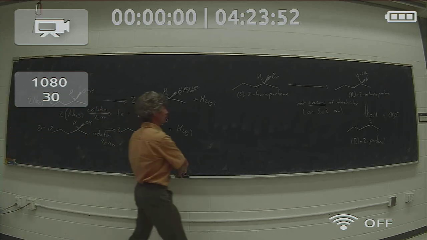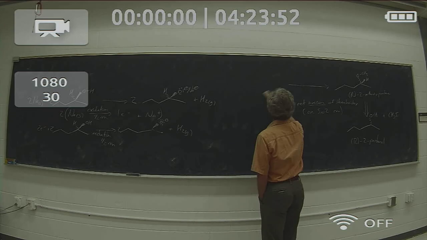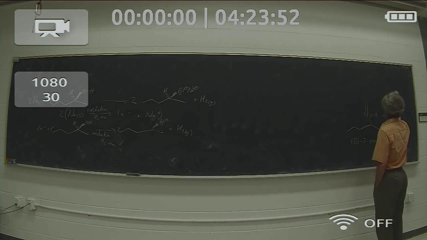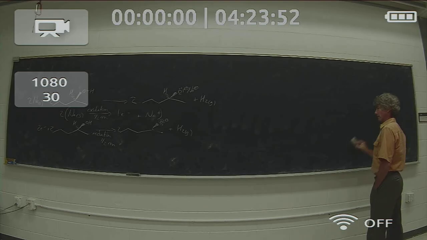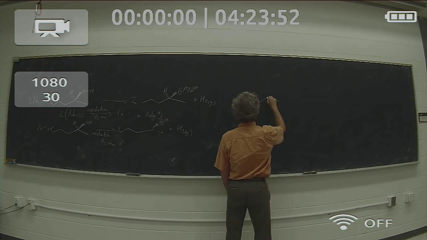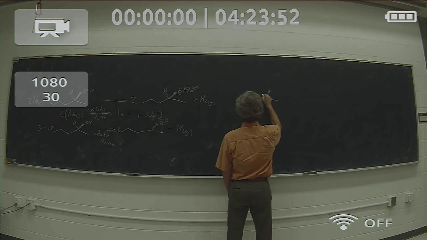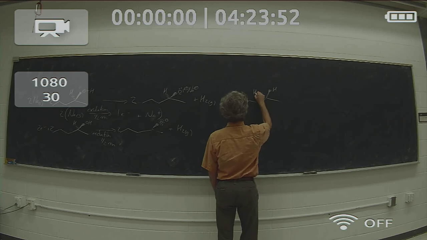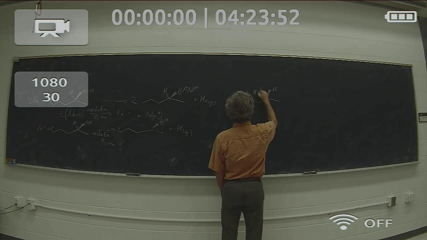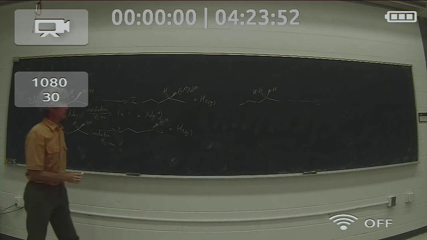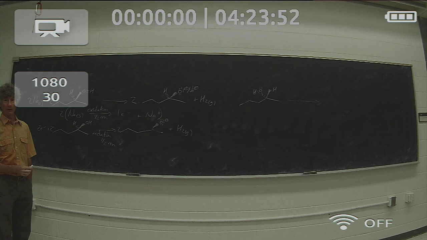The alcohol can also be converted into the corresponding alkoxide ion by using a strong base, something that's a significantly stronger base than the alkoxide itself.